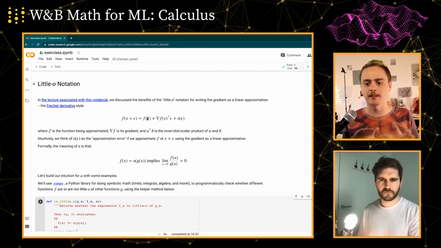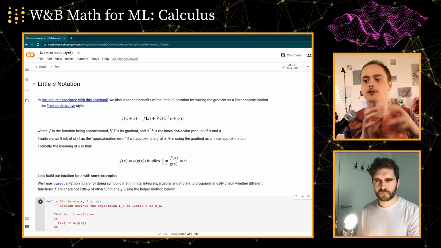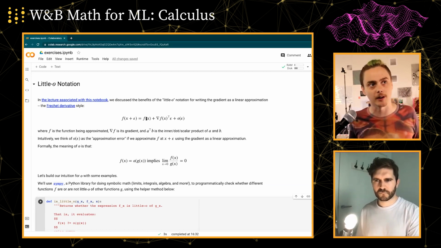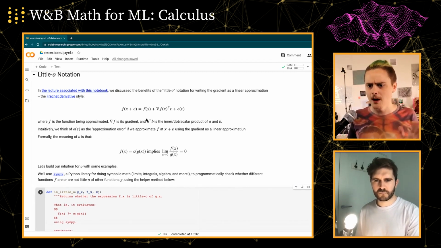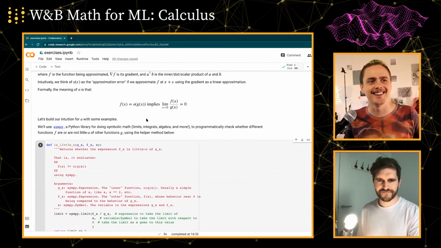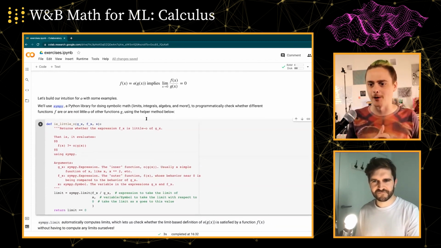SymPy is designed to give you the ability to directly manipulate expressions made of variables, as opposed to manipulating pointers to values, which is what you're really doing when you're writing programs. That's maybe a little deeper into the world of math and computer programming than we really need to go.